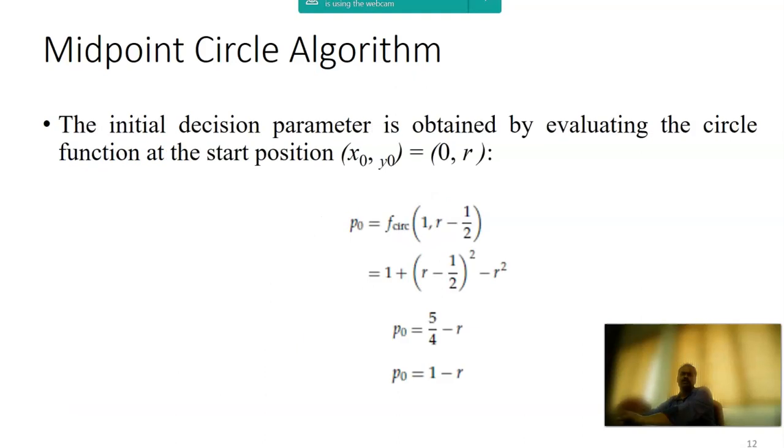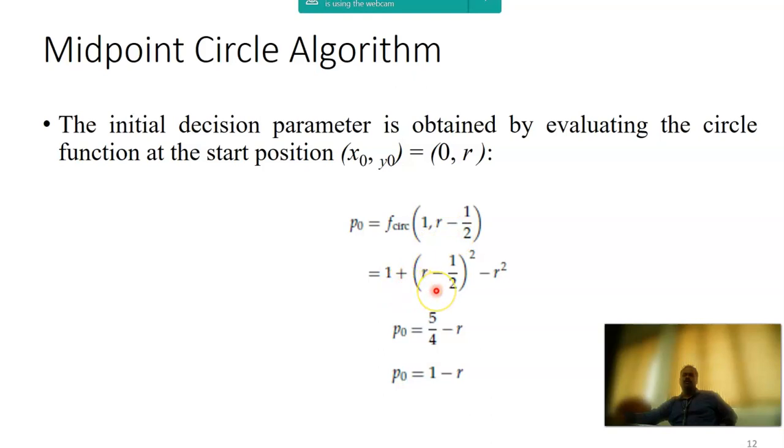Now how do we calculate the initial decision parameter value? At that point, x value is 0, so y is our radius value r. Now apply this in the circle equation, which is (1, r minus 1 by 2), because the midpoint circle algorithm is chosen. Here 1 is the next x position, but y we have to decide.